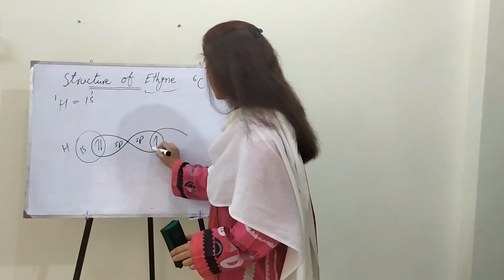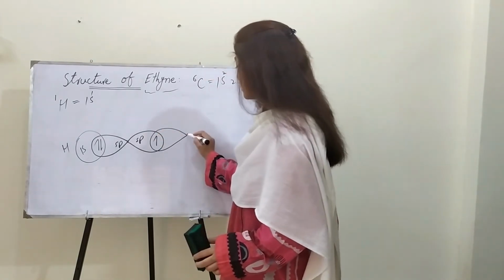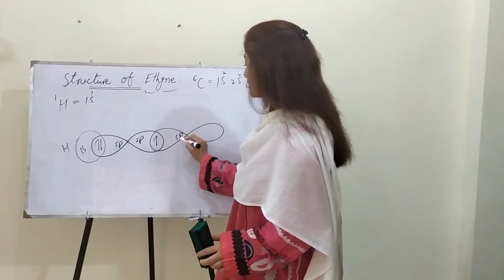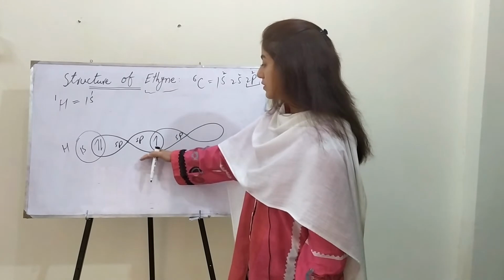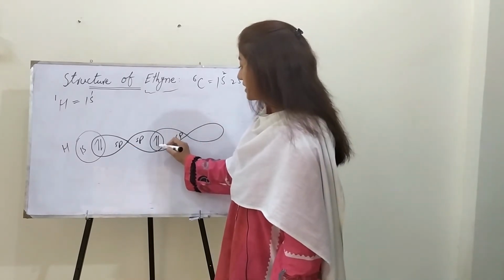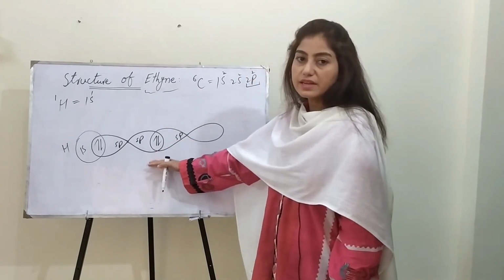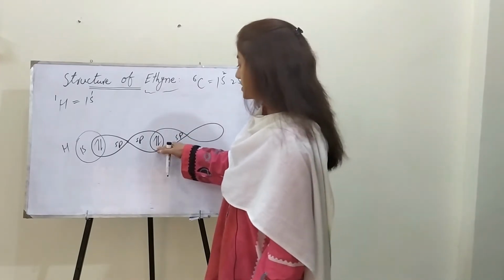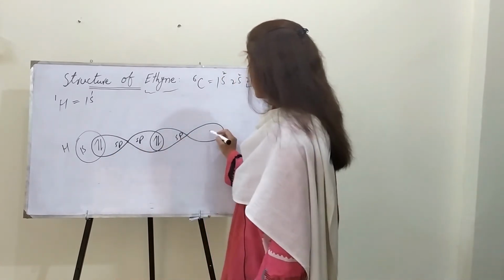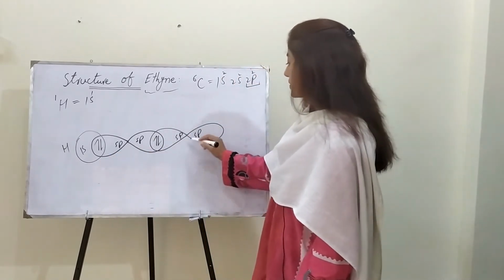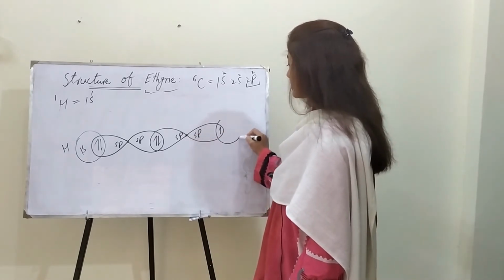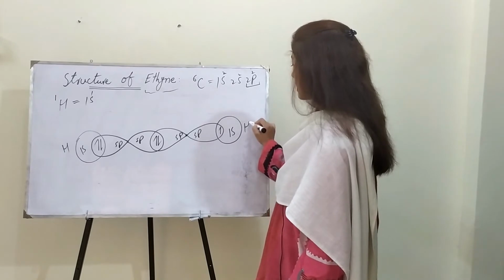This carbon would also behave identically, so it would also contain two sp hybrid orbitals, amongst which one sp hybrid orbital would pair up with the other carbon atom's sp hybrid orbital, and they would share their electrons with opposite spin. Similarly, the other sp hybrid orbital of the other carbon atom would overlap with the 1s orbital of the hydrogen.